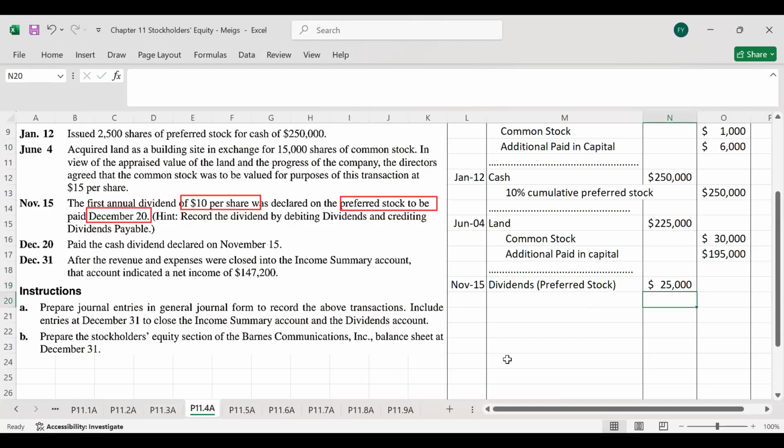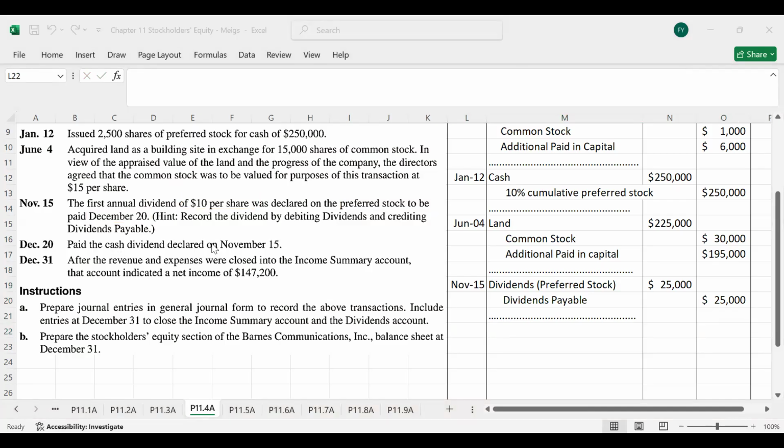So a total of $25,000 dividends were announced. This is just announced. That's why dividends payable will be on the credit side. Just a liability is created. That's why dividends payable is on the credit side, $25,000.